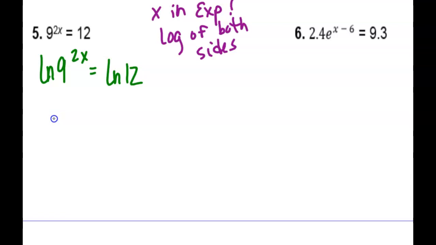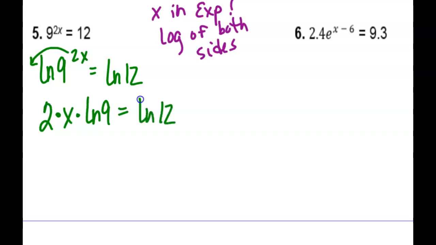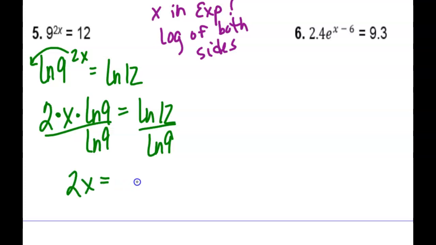Okay, what happens next? Move that out front. So we have a 2 times an x times a log of 9 equals a log of 12. To get the x by itself, we just need to do a bunch of dividing, right? I always do it in 2 steps.